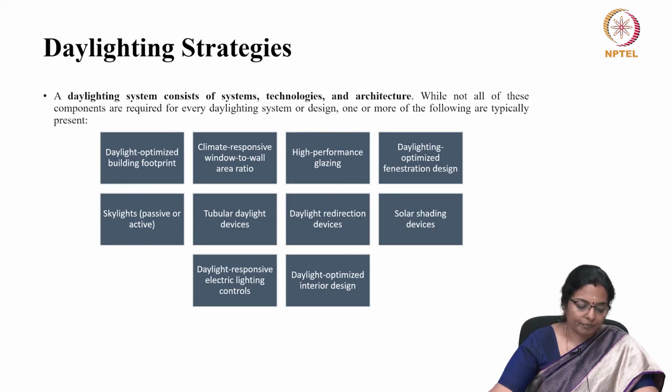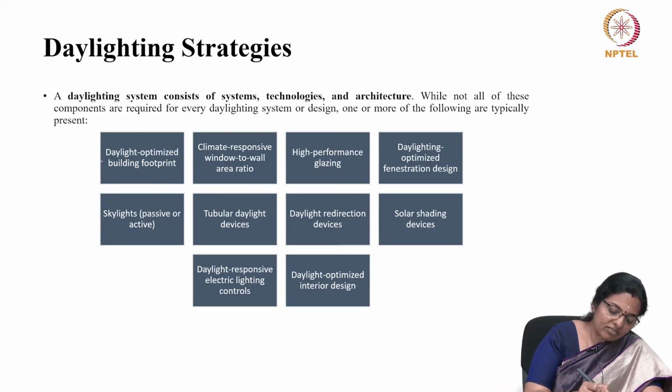One can follow daylight optimized building footprint, have a climate responsive window to wall ratio, have high performing glass, have daylighting through optimized fenestration design, have skylights, tubular daylight devices, daylight redirection devices, solar shading devices, daylight responsive electric lighting controls and daylight optimized interior design.